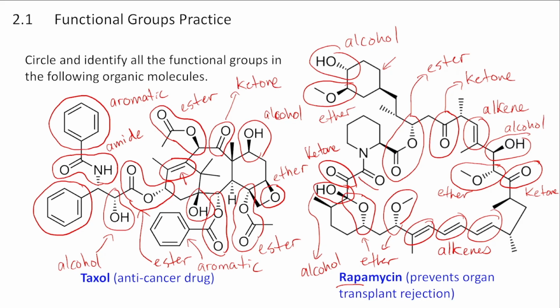And I guess this is our last one. We have an amide, a nitrogen attached to a carbonyl group. So again, another busy molecule. Very often organic molecules have many different functional groups. For our naming though, we're going to keep it much simpler than these molecules. We're going to be looking at molecules with 1 or possibly 2 functional groups max.